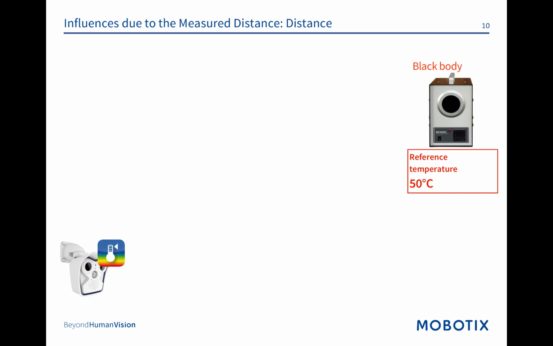Here we have made some tests, because we wanted to see what is the effect actually if we do measurements at different distances. And therefore we have used something called a black body radiator. This black body radiator gives the opportunity to set up a certain temperature, and this temperature is then highly accurate.